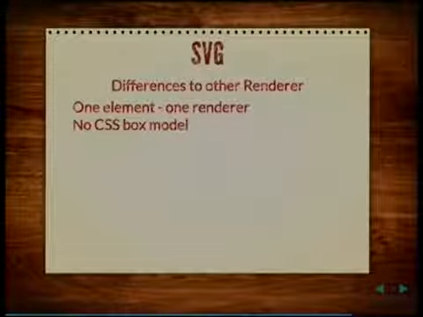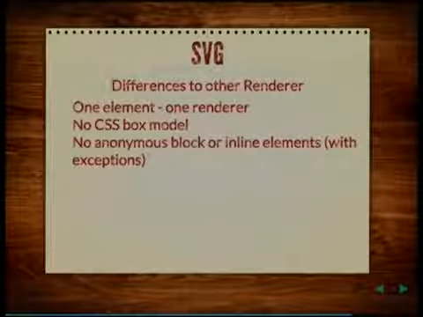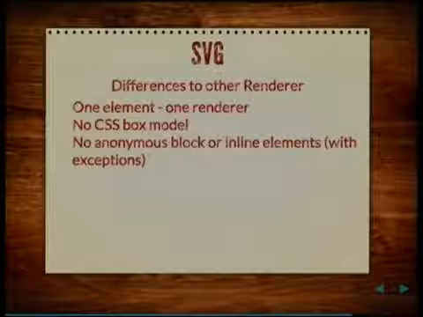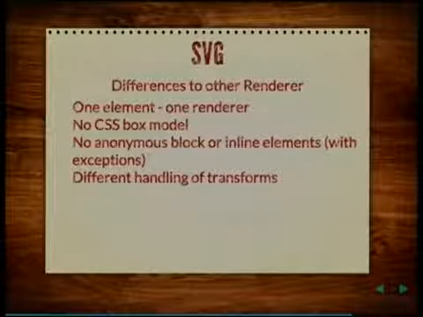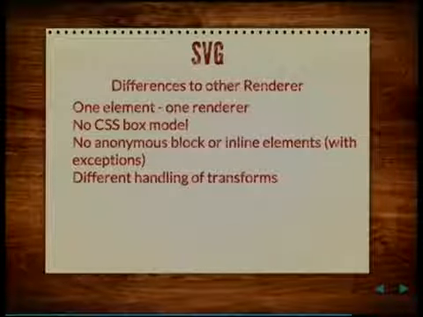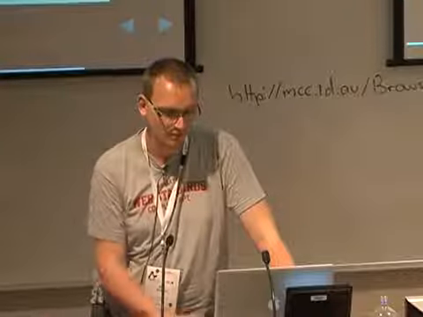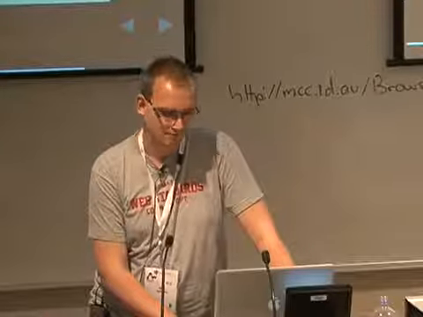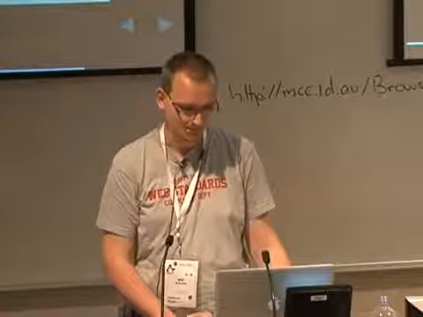So as mentioned before, we don't have a CSS box model, and therefore we also don't care about anonymous blocks and inline elements, with exceptions. So we have the text element. The text element uses the rendering of HTML a lot. And you can use tspans, which is actually similar to span in the HTML world. So there are exceptions. Mainly, these are really restricted.